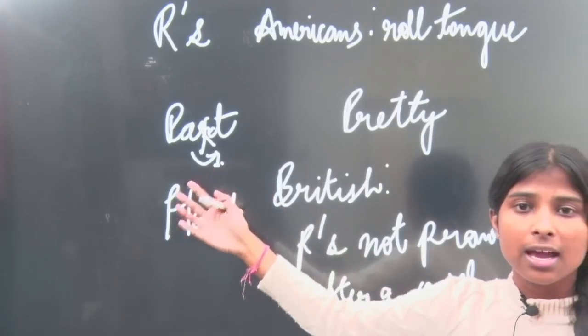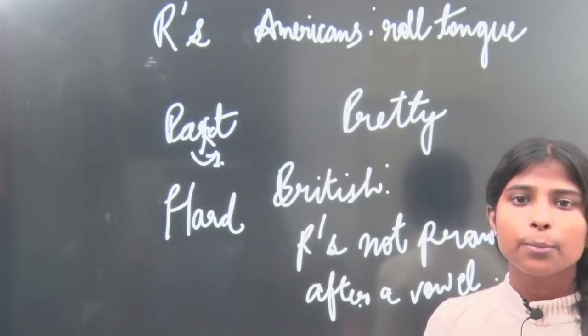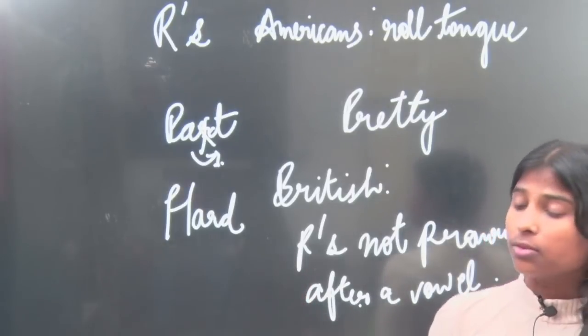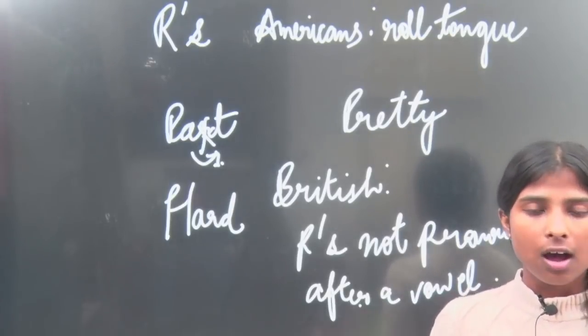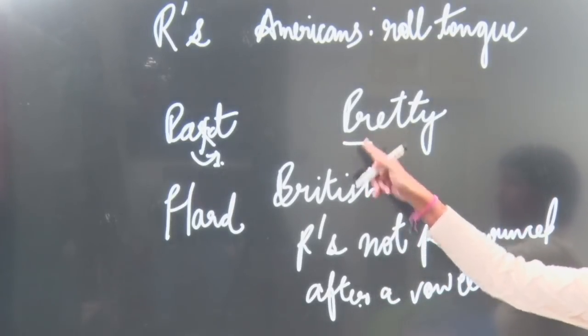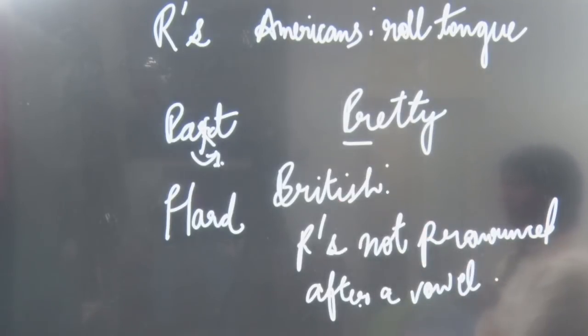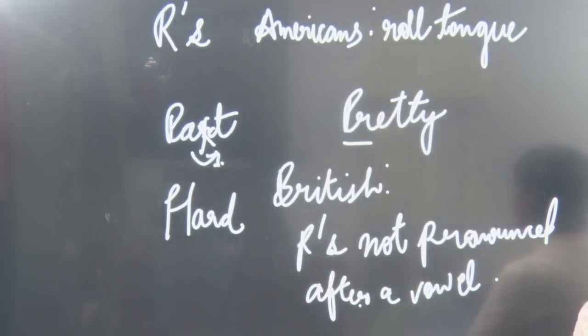In American accent, it's heart. In British accent, it's hot. In American accent, this is hard. In British accent, it's hard. In this one, it does not have a vowel before it. So in American accent, it's pretty, whereas in British accent, it's pretty. So basically, you're not going to pronounce it before a vowel, okay?